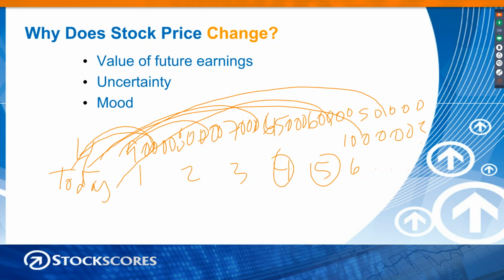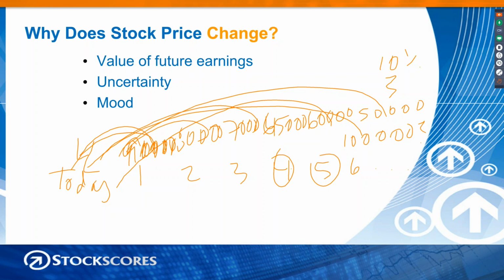So if you can get 10% on your money, then $90,000 in a year makes some sense. If you're only getting 3% on your money, then you wouldn't pay $90,000 today for $100,000 in a year. You might only pay $97,000 today for $100,000 in a year, right? So this isn't super important, but I just want you to understand the basic concept.